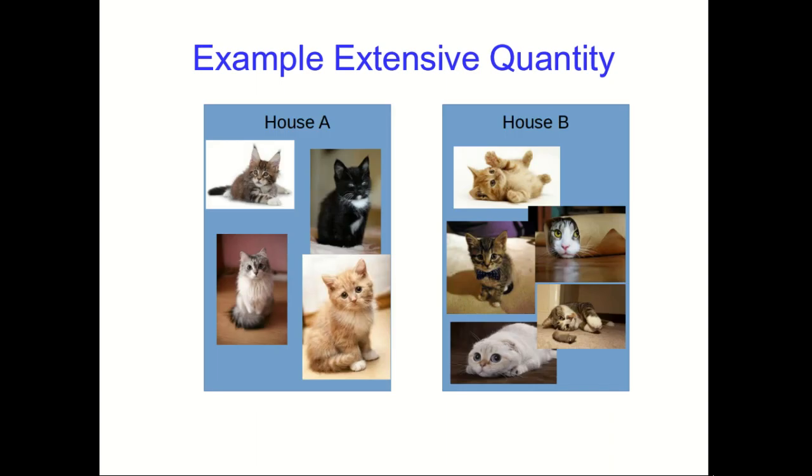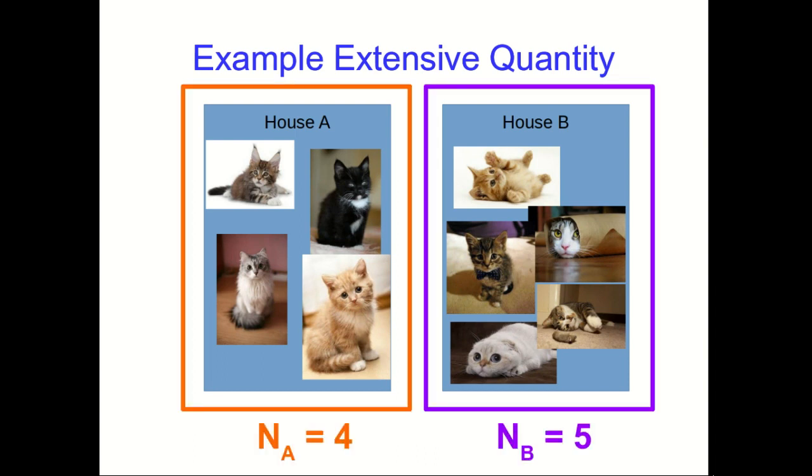So let's think about two houses, and there are people living in these houses, and these people have cats. Well, we can think of each house as a separate system, and we can count the number of cats in each house.